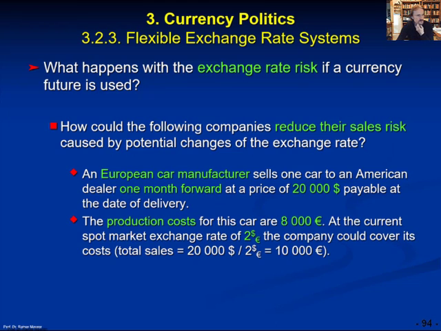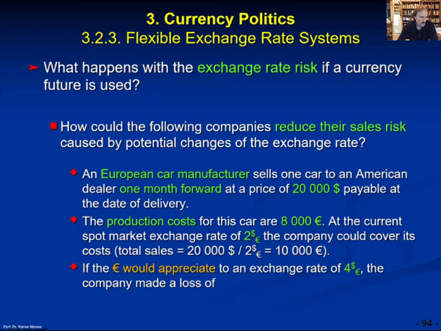The production costs for this car are 8,000 euro at the current spot market exchange rate of $2 per euro. The company could, of course, cover its costs. Total sales would be $20,000 over $2 per euro, which yields an income of 10,000 euro, enough to pay the production costs and keep a profit of 2,000 euro.